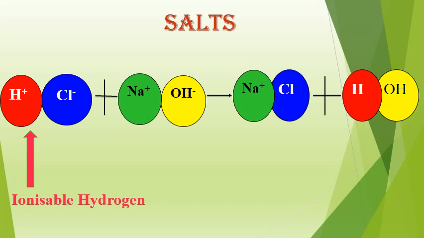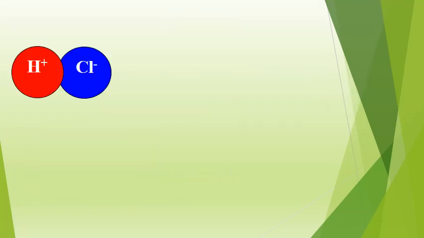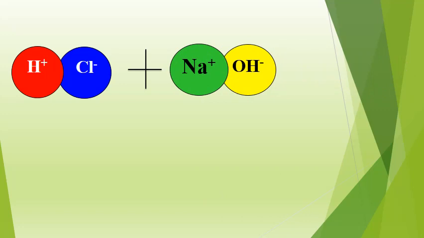In sodium hydroxide, a monoacidic base, the sodium ion is the basic radical. Now when hydrochloric acid reacts with sodium hydroxide, this basic radical, the sodium ion, replaces the hydrogen ion of the acid.